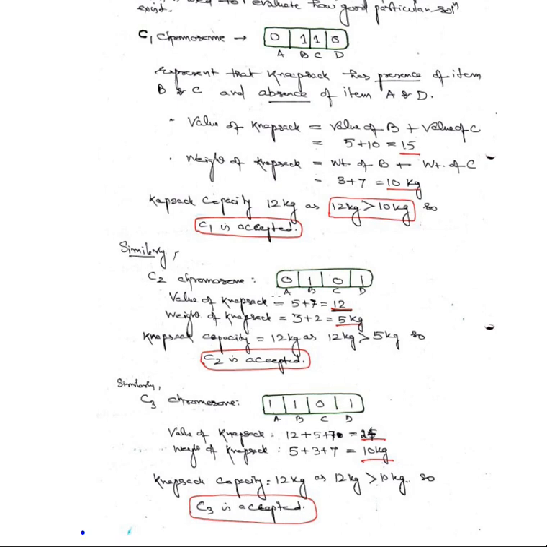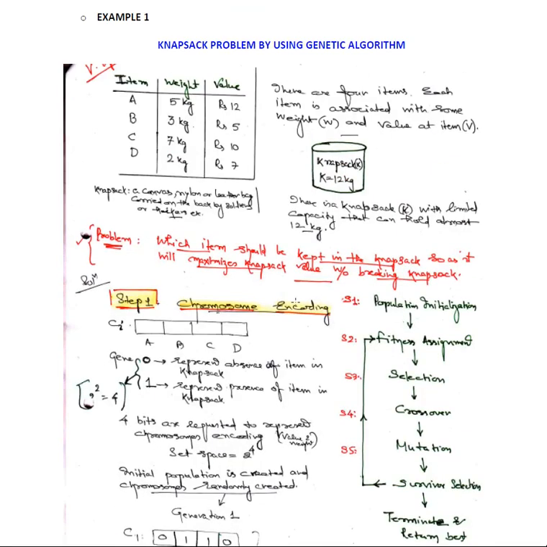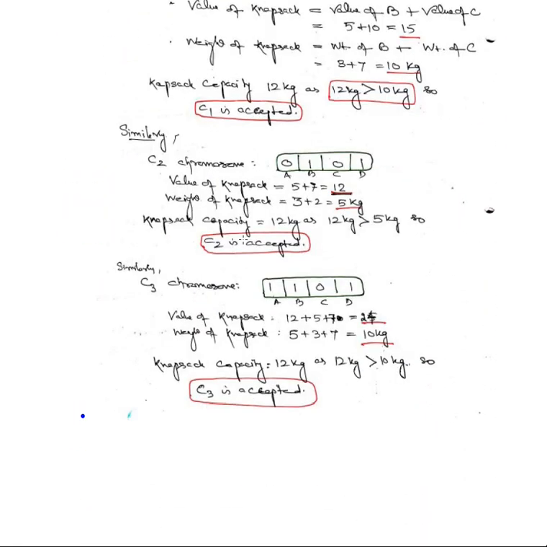If you take value, then we have to take both factors for doing comparisons. Now next we go for 1101. 1101 is nothing but A, B and D. So here we have 12, 5, 7, 5, 3, 2. When you combine these three, you get 24 and another is 10 kg. You find that 12 kg is greater than 10 kg, so it is also accepted.